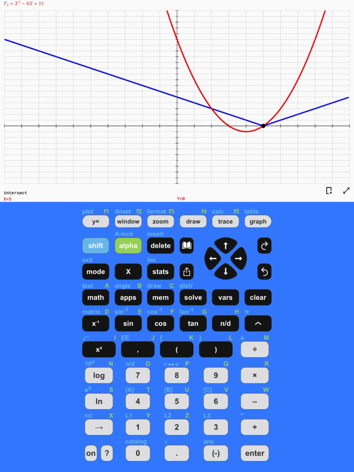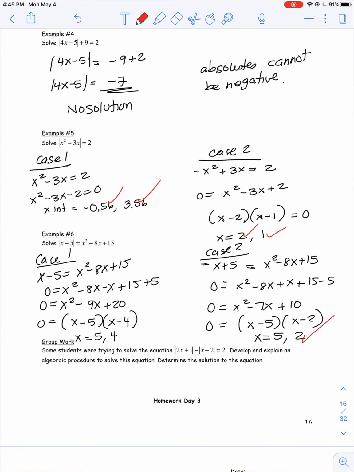And then second trace, number 5 again. The other solution seems to be at 5. So the 5s are correct, but the 4 doesn't exist. If we were to check that, that one does not give us a correct solution, so we can cross off the x equals 4.